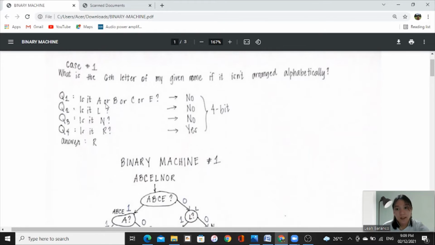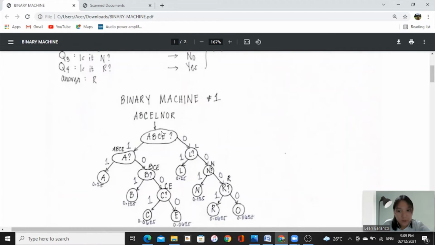So in Q1, it is asking if it is A, B, C, or E. If it is true, it is equivalent to 1, so true equals 1 and false equals 0. So if it is true, then it will ask if it is A. And if it is true, then A would have a probability of 0.25.